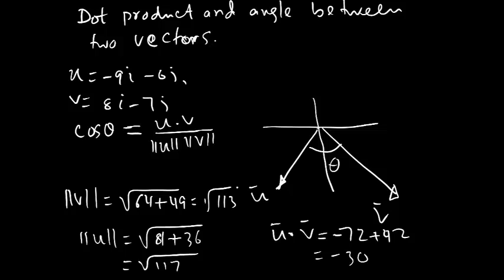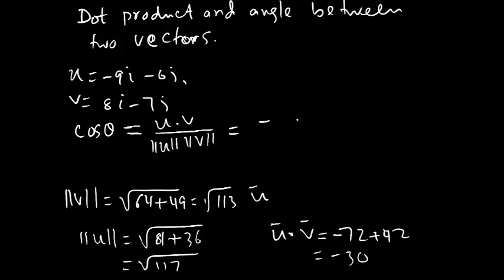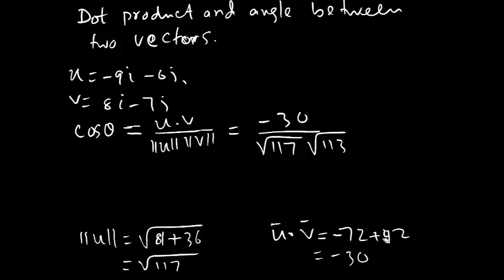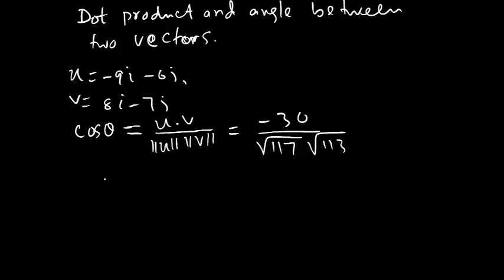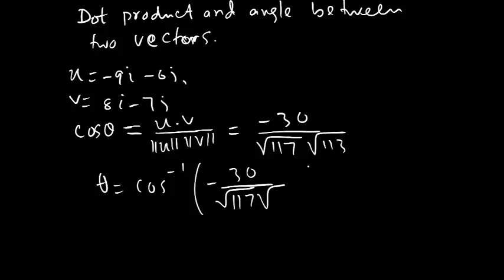Now we plug all these values in here. You can take a calculator and find your theta, but make sure if the question is asking you to put it in degrees, keep your calculator mode in degrees. If it is asking for radians, just put it in radians. Thank you.